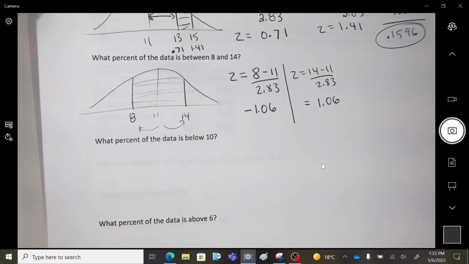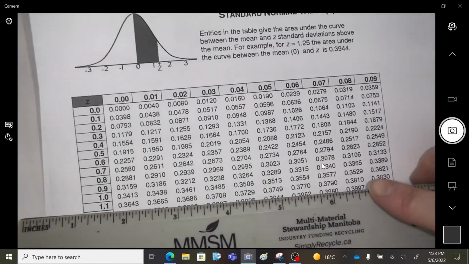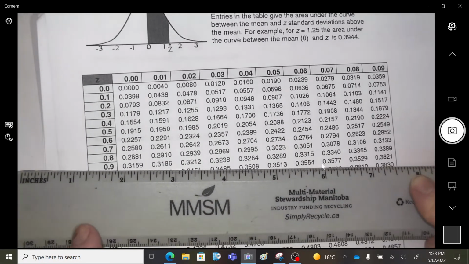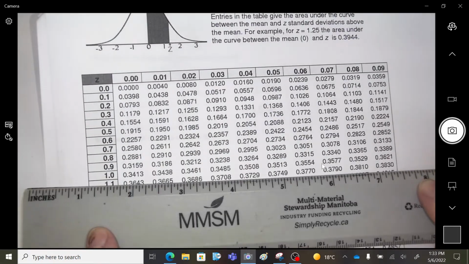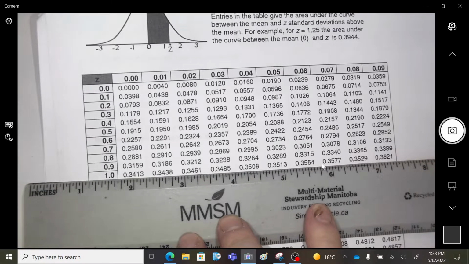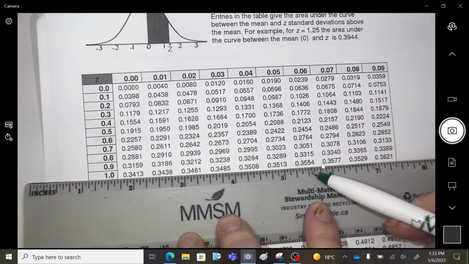Okay, so chart Z time, 1.06. So there's my 1.0, wait, 1.06. So 0.3554.